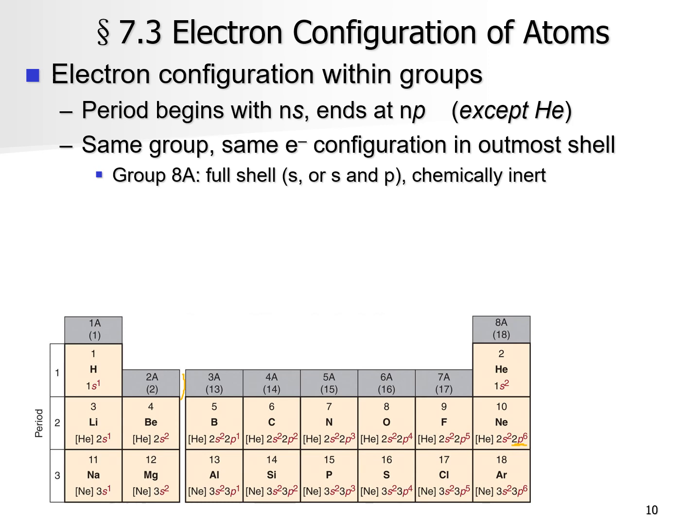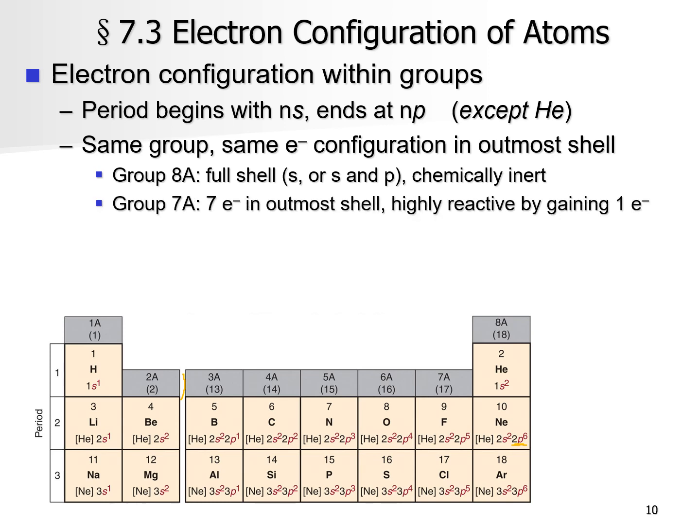Because it is that 1 electron that makes lithium and sodium chemically reactive. And then when we look at the elements in group 8A, we realize we have a full shell, either s all by itself, like 1s, or s and p fully filled. So they are generally chemically inert.